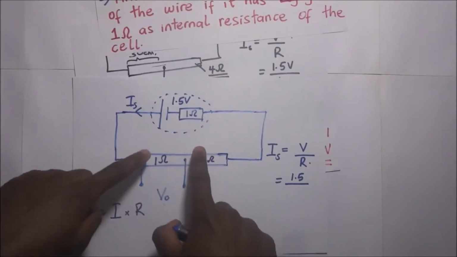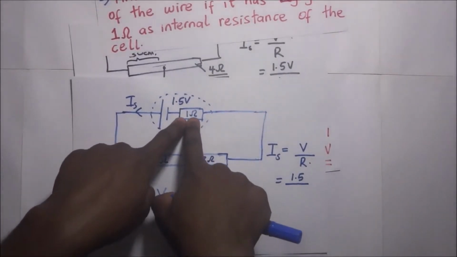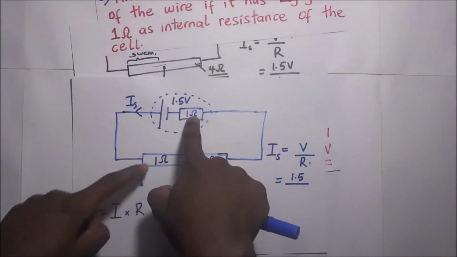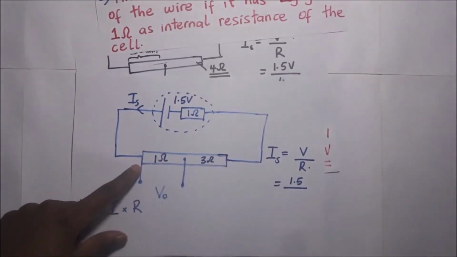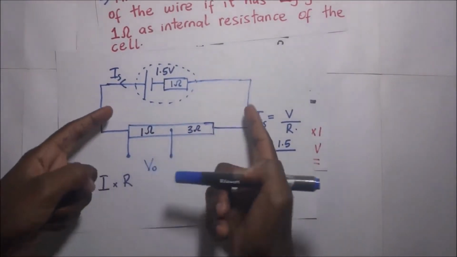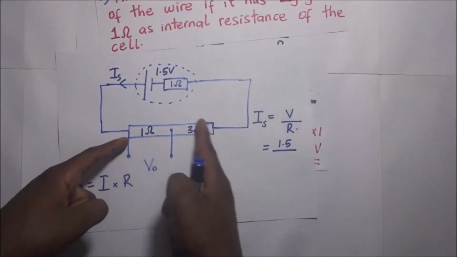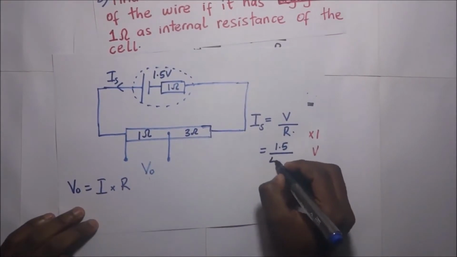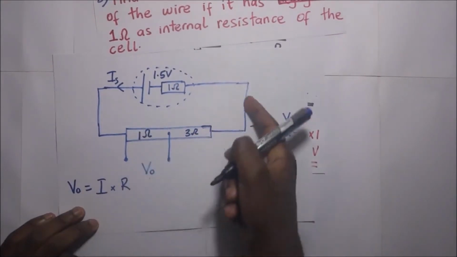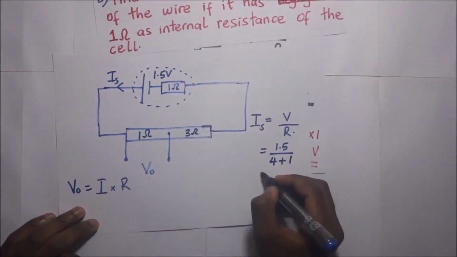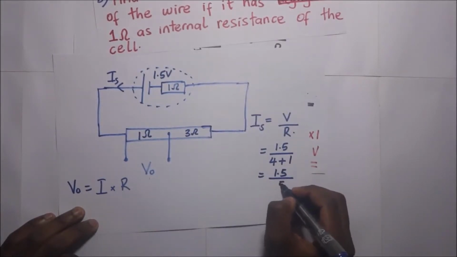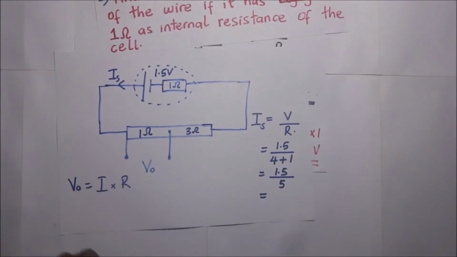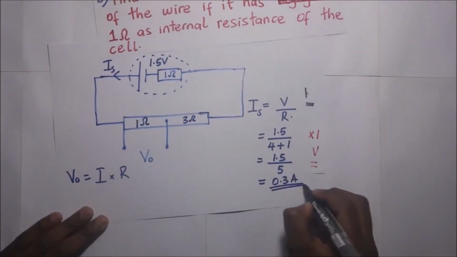So we treat this internal resistance as a resistor in series with the rest. So the effective resistance in the whole circuit is this entire 4 ohms added to that 1 ohm resistor. So it becomes 1.5 divided by 5, and we end up with 0.3 amperes.